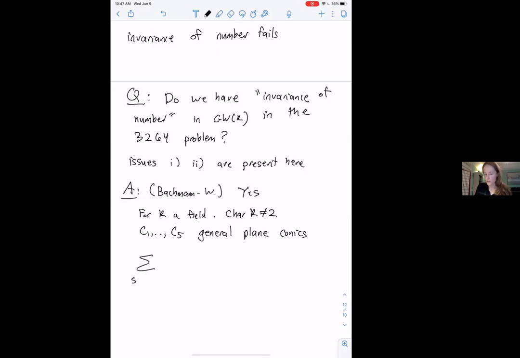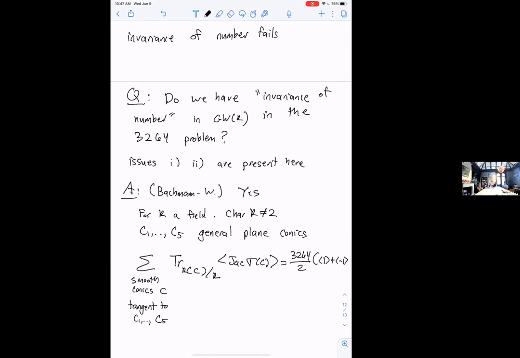So the sum over the smooth conics C tangent to C1 through C5, we know there are 3264 of them, but if we record how many of them are real and how many of them are complex, of a weight, then we get 3264 over 2, <1> plus <-1>.